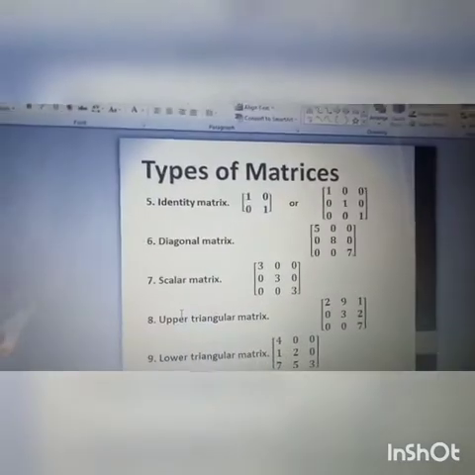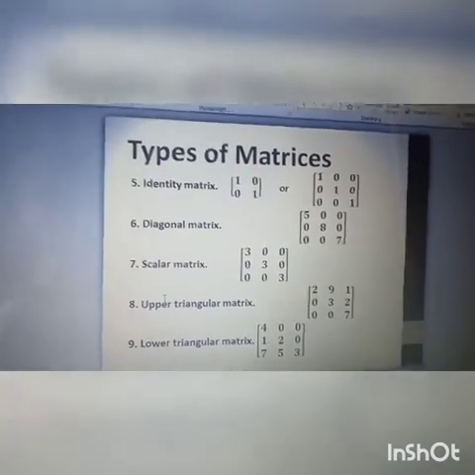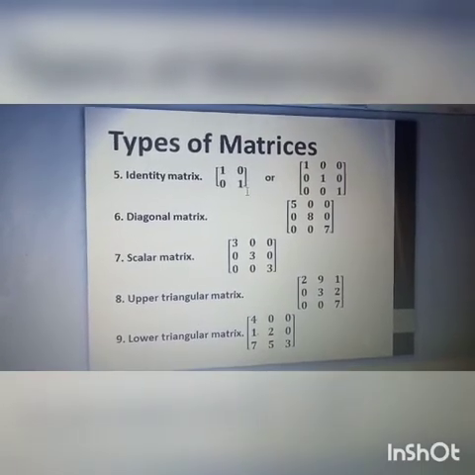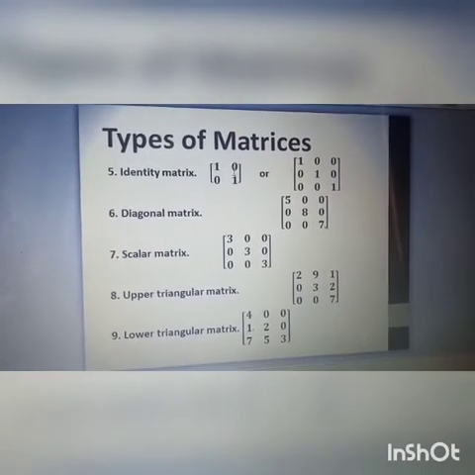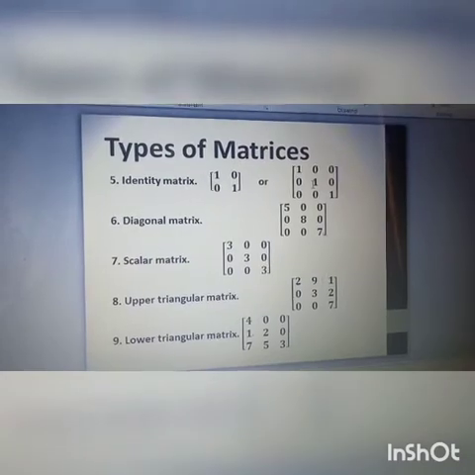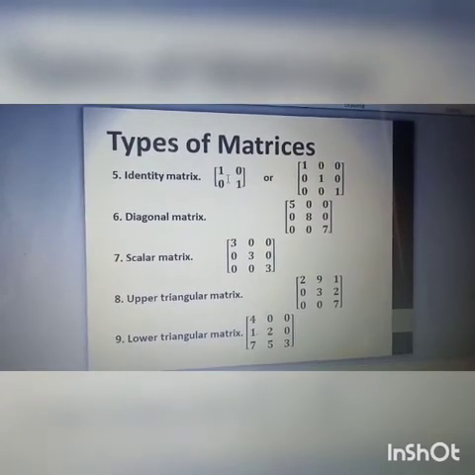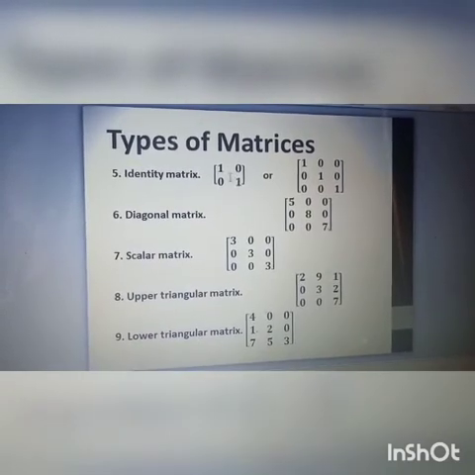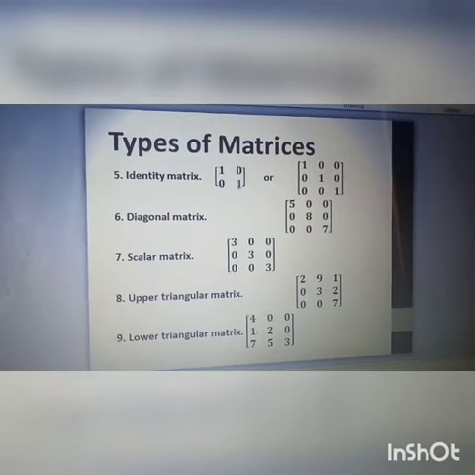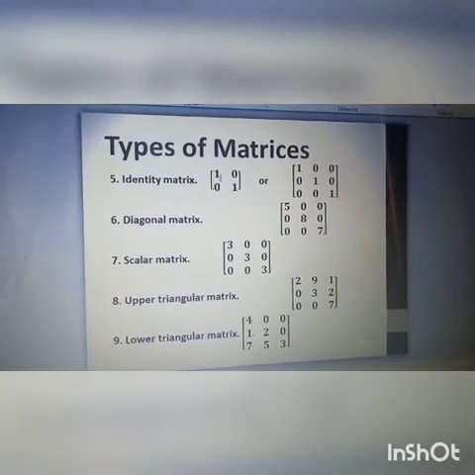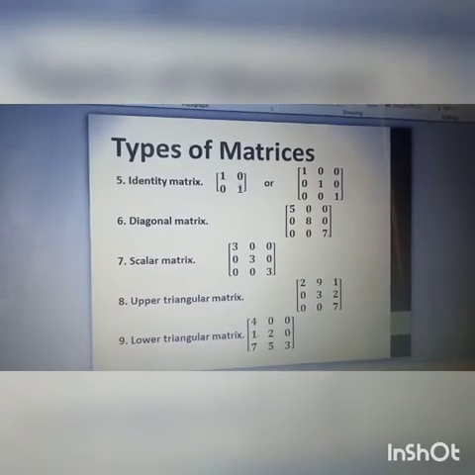Yes, the fifth one is identity matrix. There are 2 examples being shown here. You can see 1, 0, 0, 1 and then this one. This is a 2 cross 2 matrix and this is a 3 cross 3 matrix. Why do we call it an identity matrix? You have to see the diagonal position. Here in this matrix, in the diagonal position, only 1 is written. If you see the position of the cursor, it is showing the diagonal position.